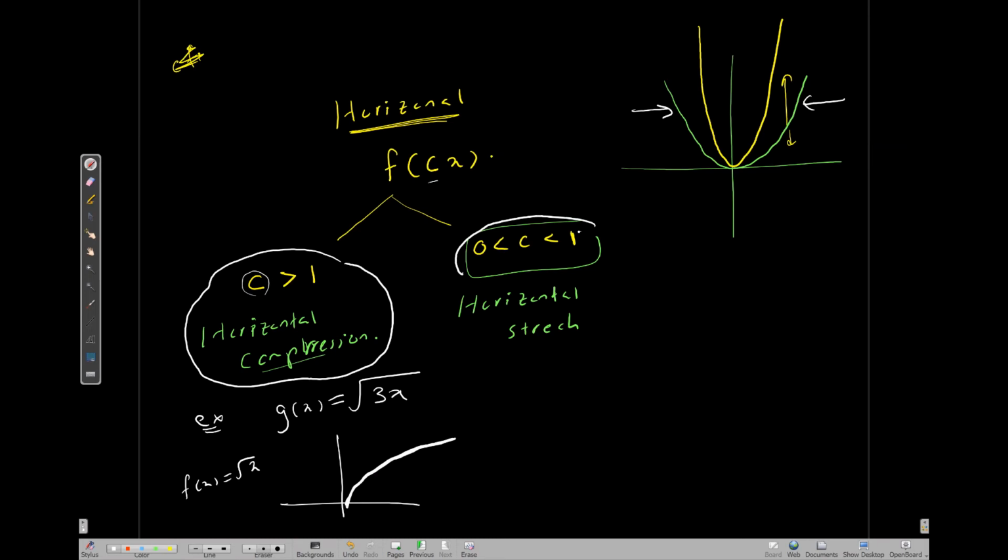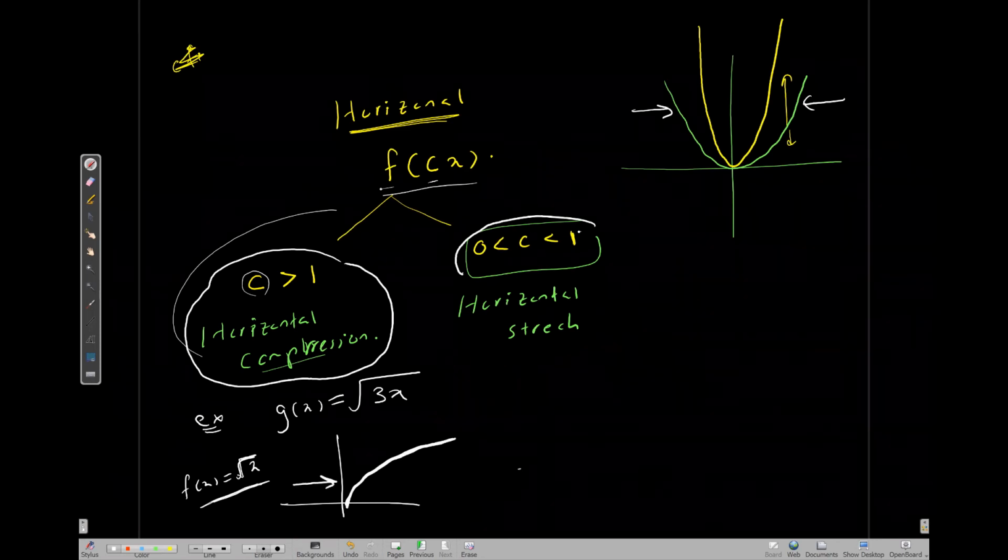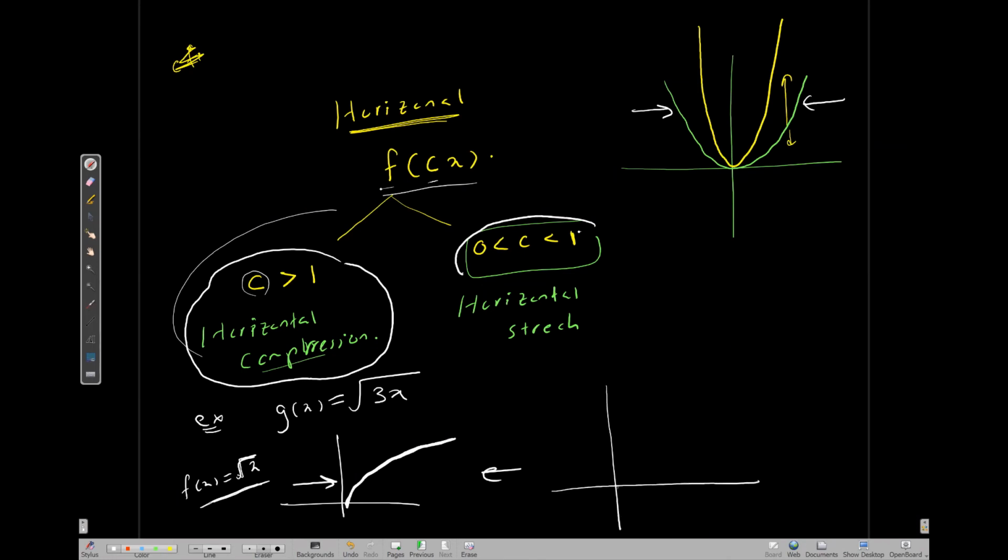The base function is root x, and we are applying this part right here, so it will be a horizontal compression. Horizontal compression means you kind of do this, so ultimately it will go a little bit up and do that. Does that make sense?